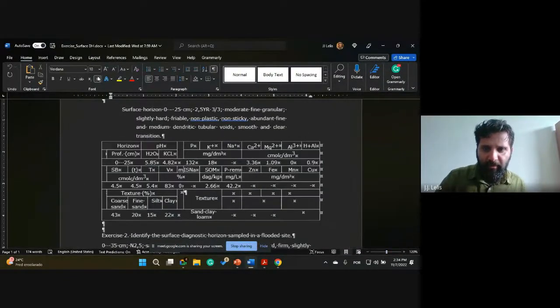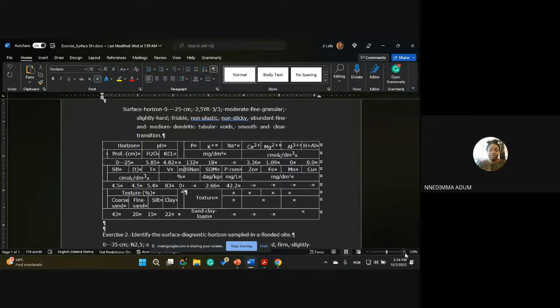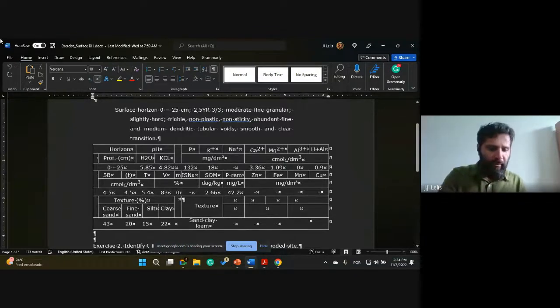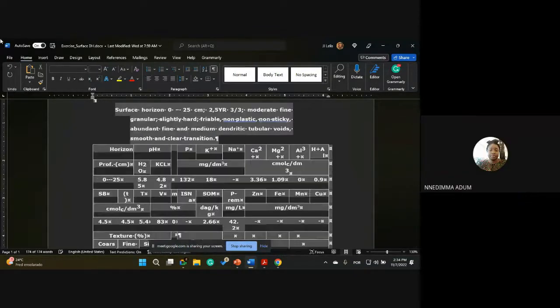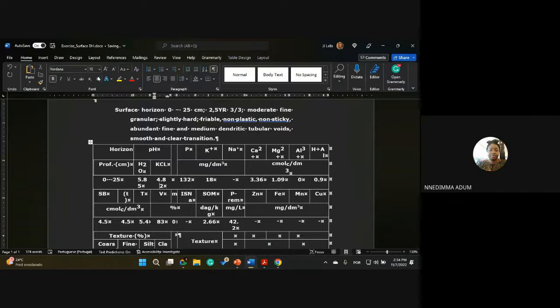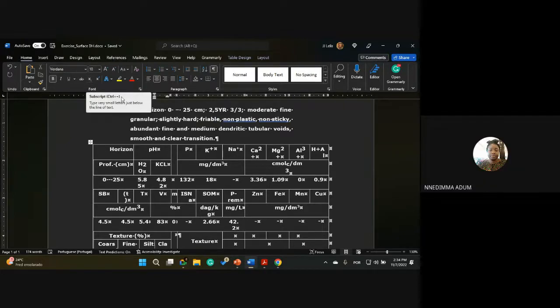Can you see the letters? For me, no. No. Let me try from the previous one. And now, okay, better. Can you see it? Yeah, it's fine now. Yes. Okay, okay.